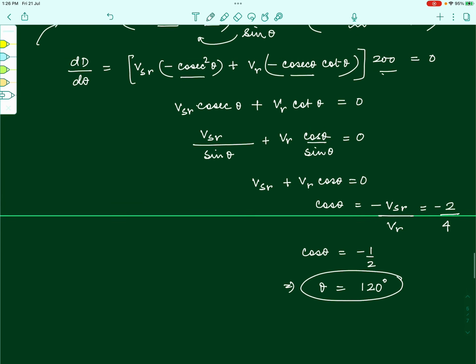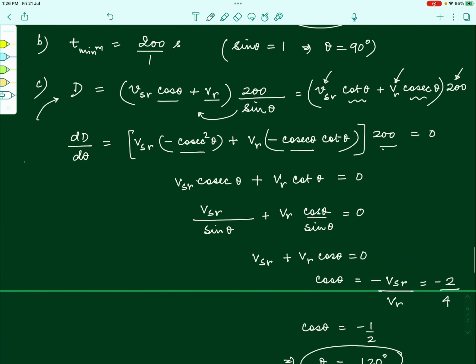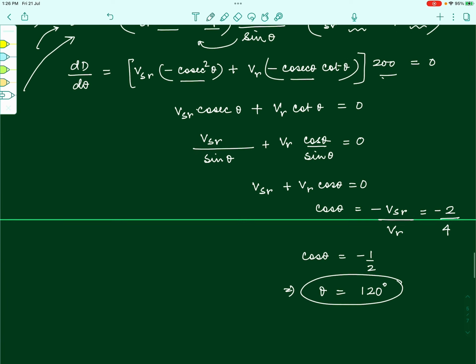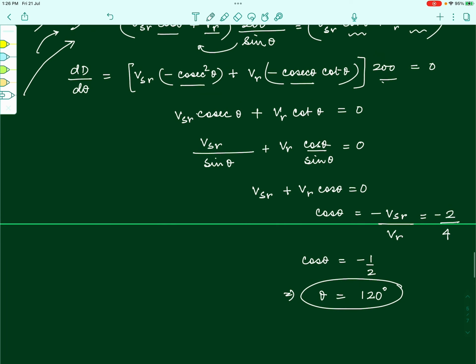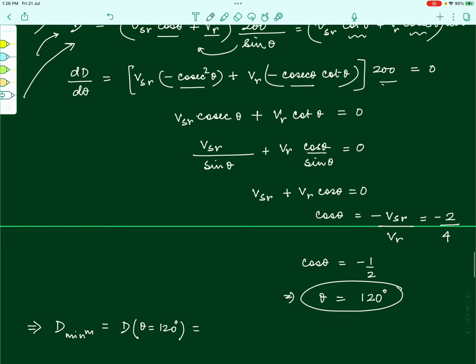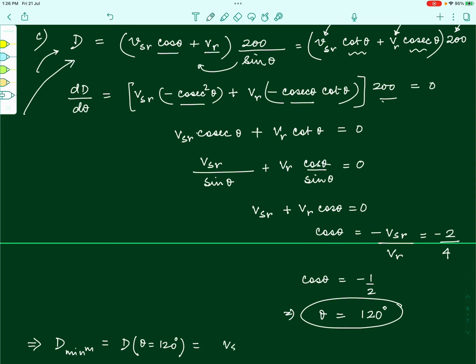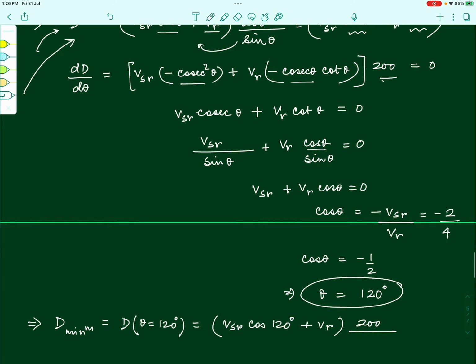So, once we get this value of theta, now we need to substitute this value back into the expression for d to get the minimum drift. So, d minimum will be d with theta equal to 120 degrees, and now we substitute this value. So, we have d as VSR cos 120 plus VR, and outside we have 200 by sin 120.